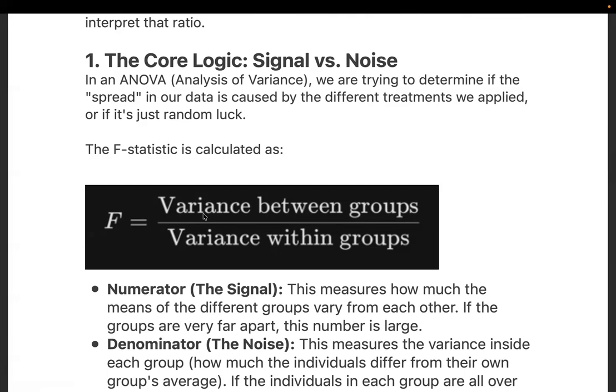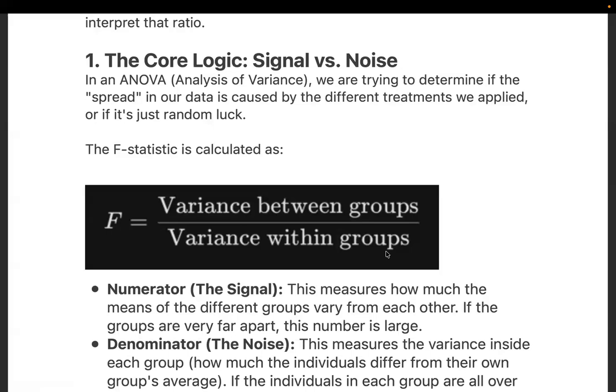You want this variance between groups to be high, the groups as different as possible, so that your signal is strong. And you want the within-groups variance to be low; values should be as similar as possible within the group.